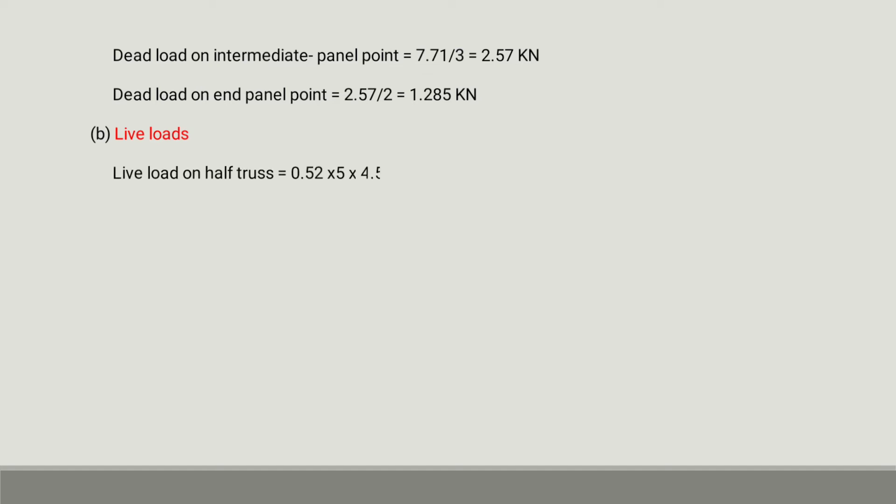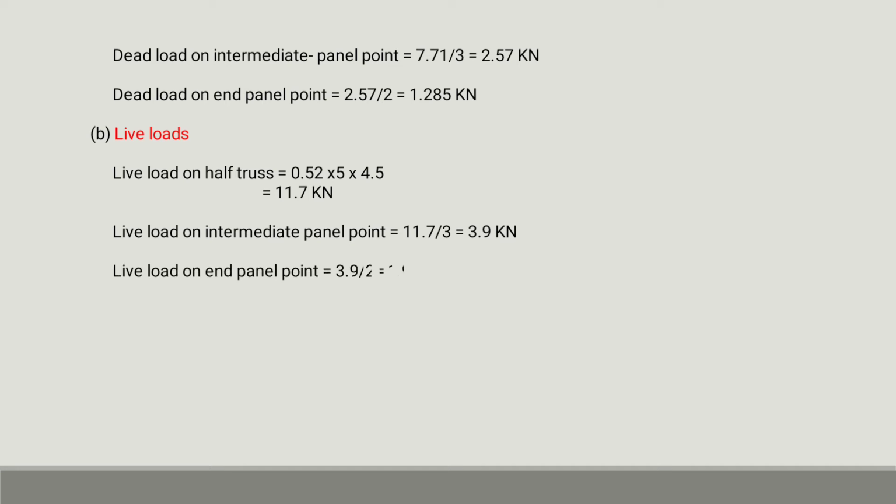Live load on half truss is multiplied by 5, a simple one, so you get 11.7 kilonewton. Then live load on intermediate panel is 11.7 divided by 3, because 3 points are there, so 3.9. Live load on end panel point is 3.9 divided by 2, because the end sides are only 2 there, so 1.95 kilonewton.